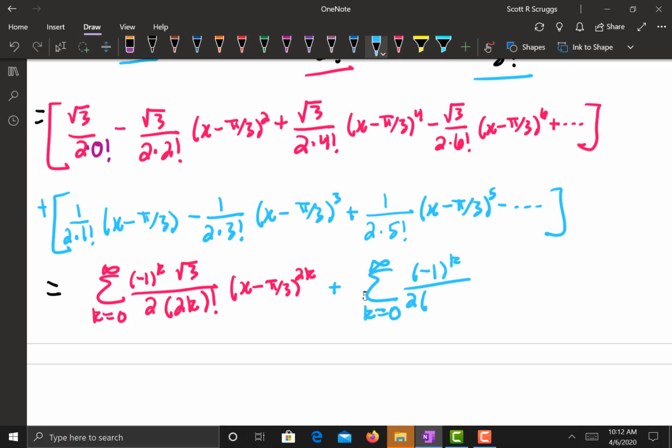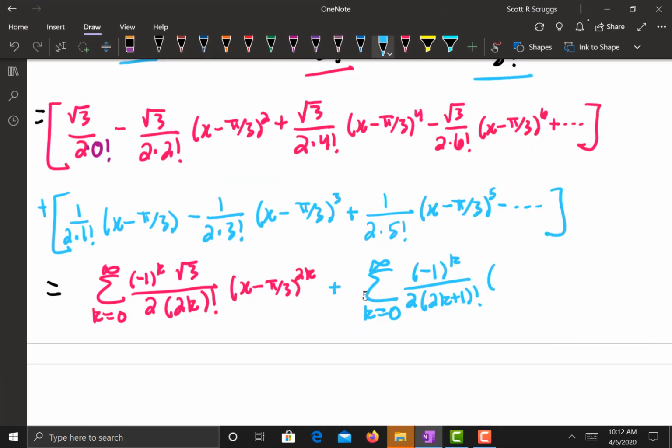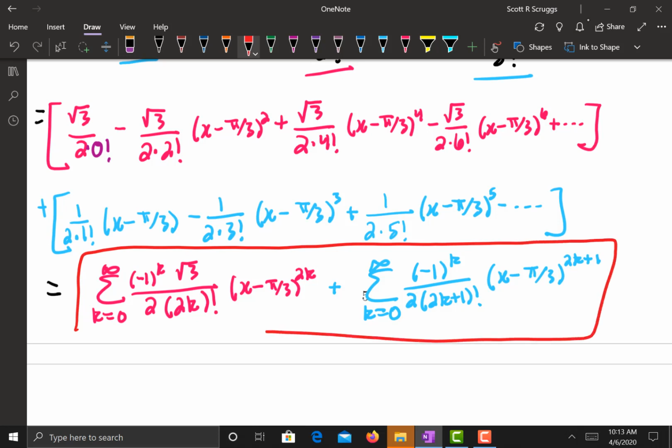But now 2 times an odd base in the factorial and an odd power with dx minus pi over 3. And this, my friends, is one epic problem to find a Taylor series.